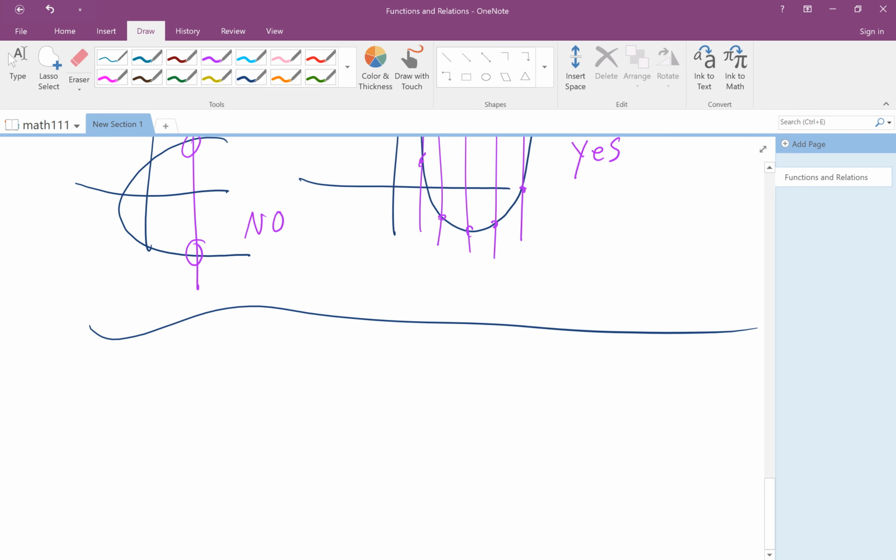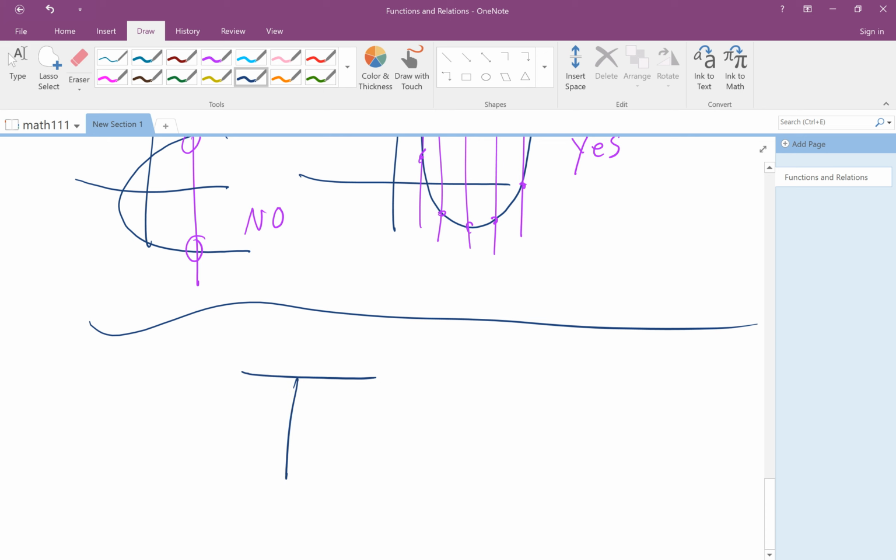Okay, so I said I would do some non-number things. I'm going to do it in a little T-chart here. So we got people on one side, we'll call that our input. We got birthdays on the other side, call that our output. Is that a function? What do you think? Yeah.